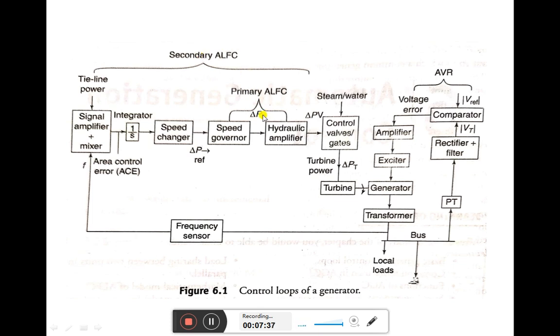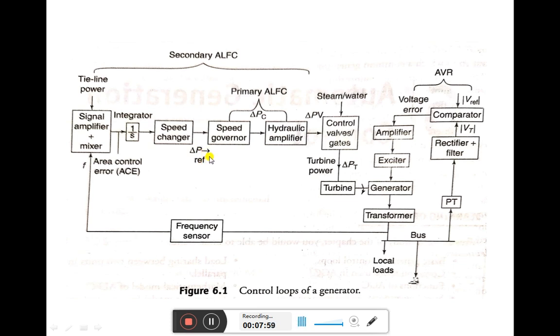In primary ALFC we can see the speed governor and hydraulic amplifier, only two main components. To the speed governor, what is the input given? It is delta P reference, meaning change in the power's reference value.